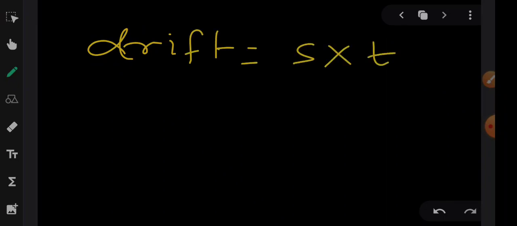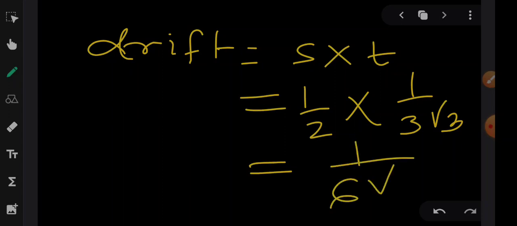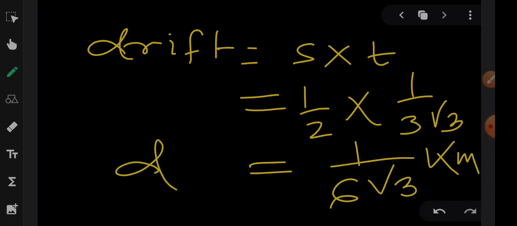It gives you the distance, and horizontal speed is 1 by 2, and time which we have just calculated is 1 by 3 root 3. So drift will be 1 by 6 root 3 kilometer. This is the drift, distance moved in horizontal direction.